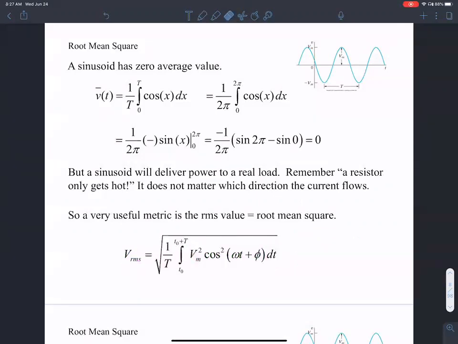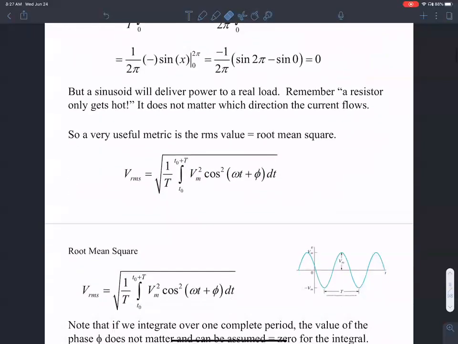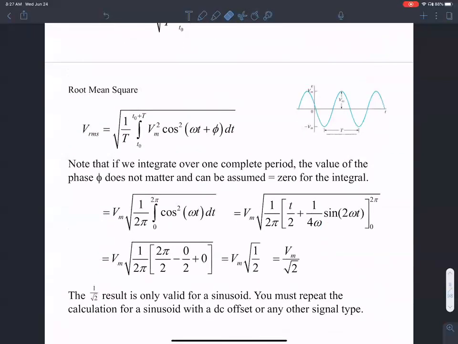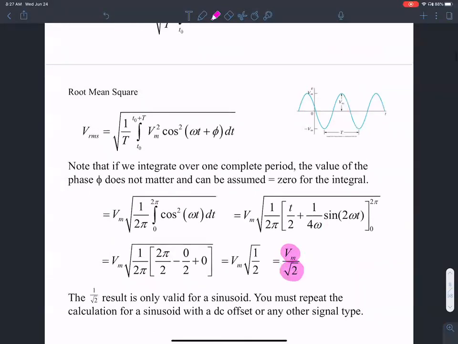We can find the Vrms value of a sine wave to be Vm over root 2. If I have a cosine wave that looks like Vm cos(omega t plus phi), the RMS value for this is going to be the peak value over root 2.